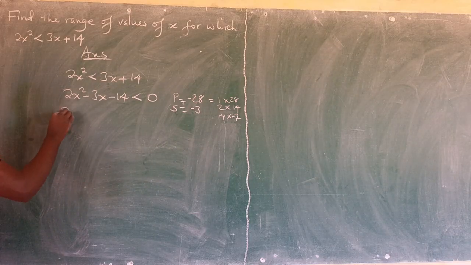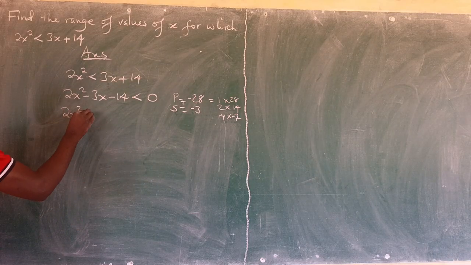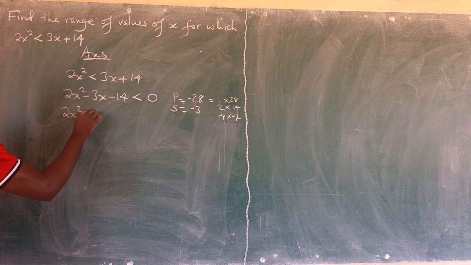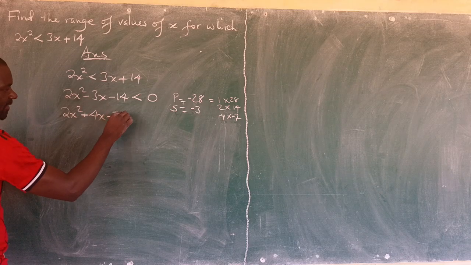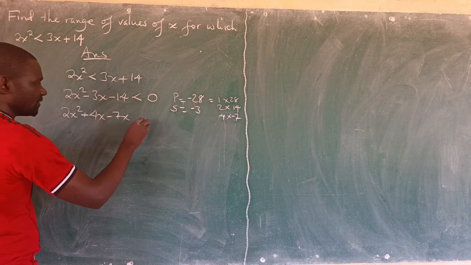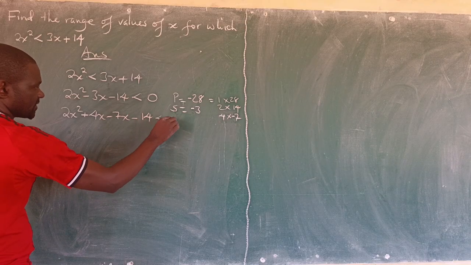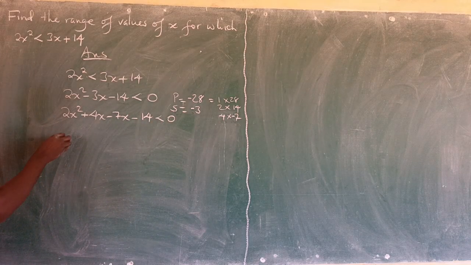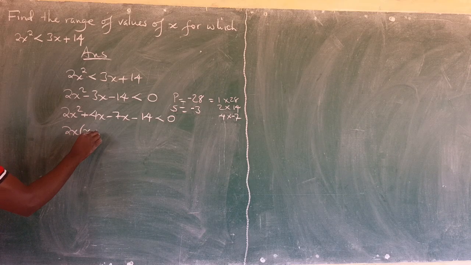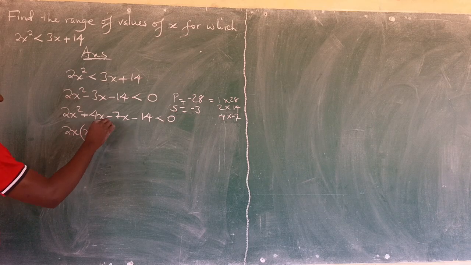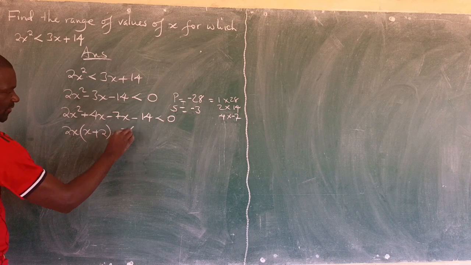So we substitute 2x squared plus 4x minus 7x, because of this negative, minus 14 is less than 0. So that gives us, factorizing by grouping terms, 2x common. Then here we have x plus 2 into 4, that is just 2. And then minus 7 is common.